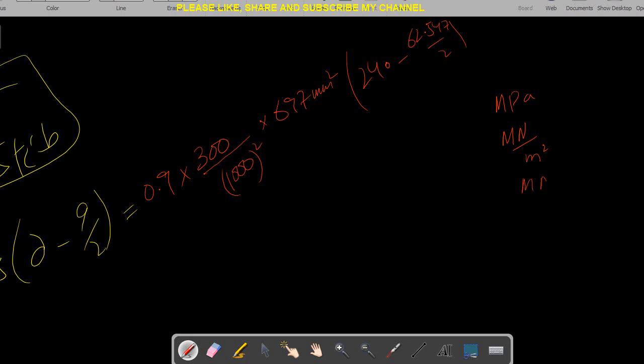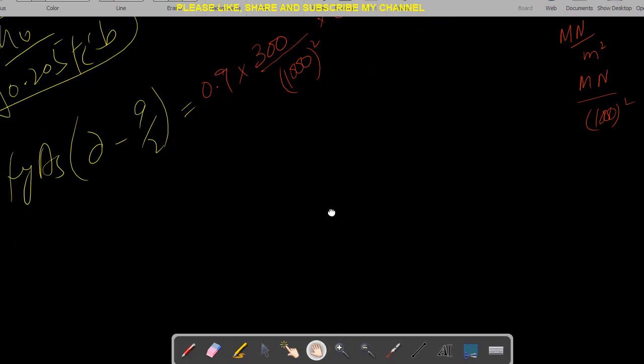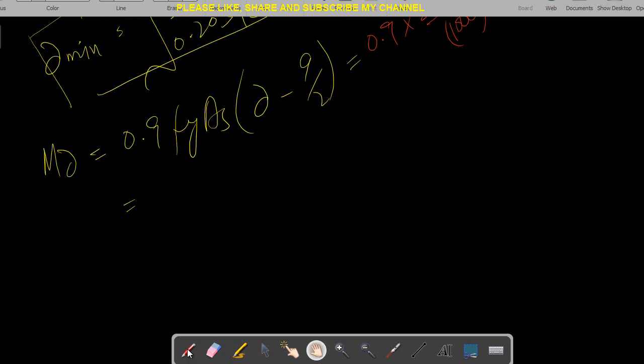To convert from meter to millimeter, we know that 1 meter equals 1000 millimeter, so 1000 squared. So it will give me a value of 39.28. My design strength or design capacity of the section is 39.28.